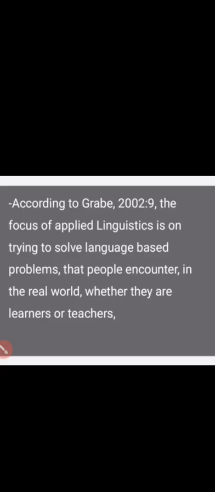So the main area, according to Grabe, is concerned with learners or teachers. This is the first point.